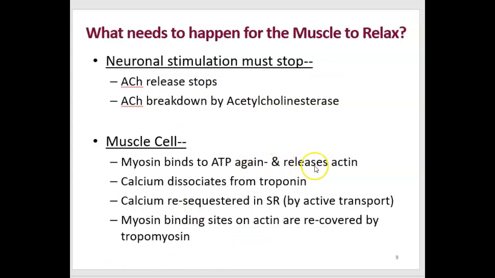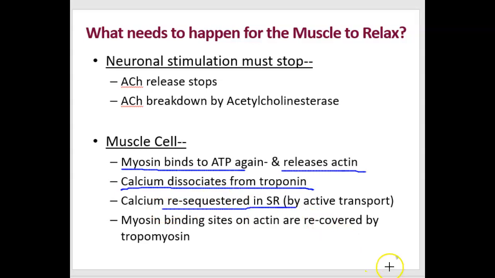Then, in addition, we need to have ATP around so that myosin will bind to ATP and release the actin, to dissociate the cross bridges. And calcium needs to be released from troponin so that it can be put back in the sarcoplasmic reticulum, and the myosin binding sites on actin have to be covered up again.